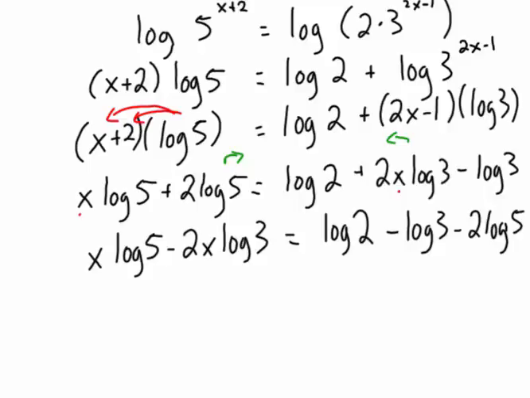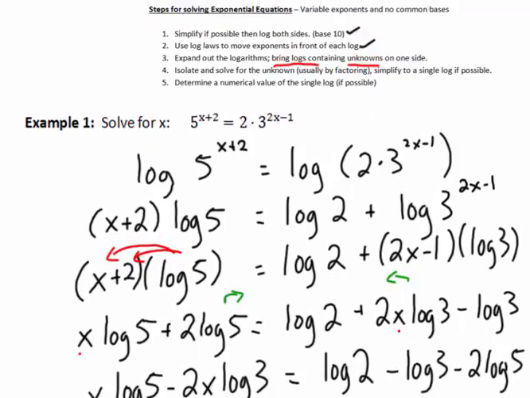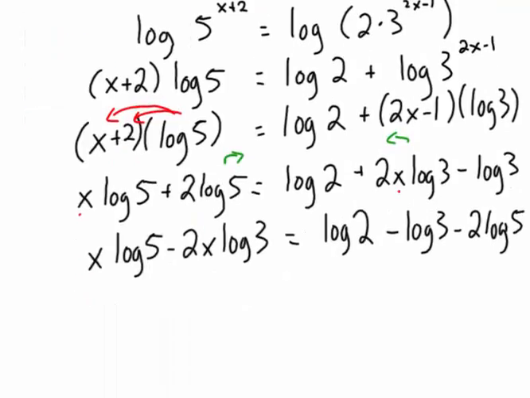Well, now we're trying to solve for x. We're trying to isolate and solve for the unknown. And you can see here, we usually solve this by factoring. We often now just factor out the unknown variable. That's exactly what we're going to do in this situation.